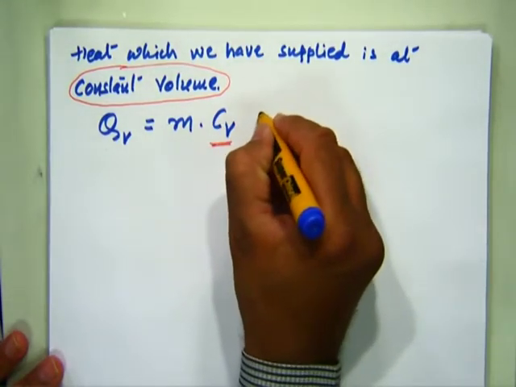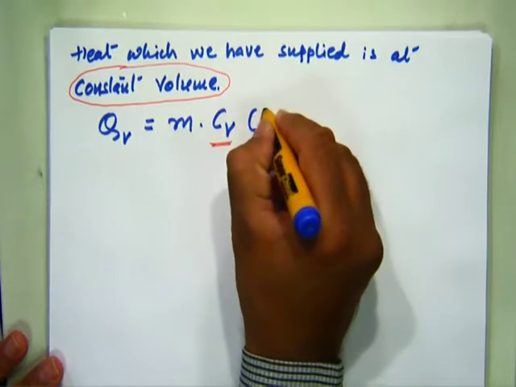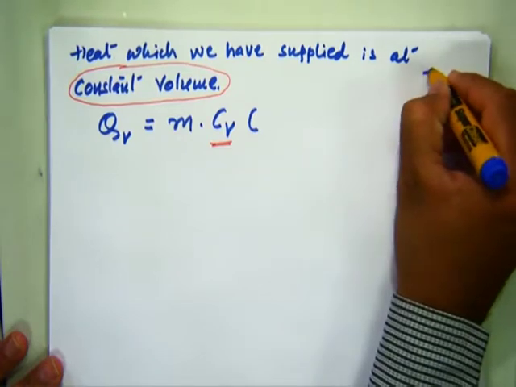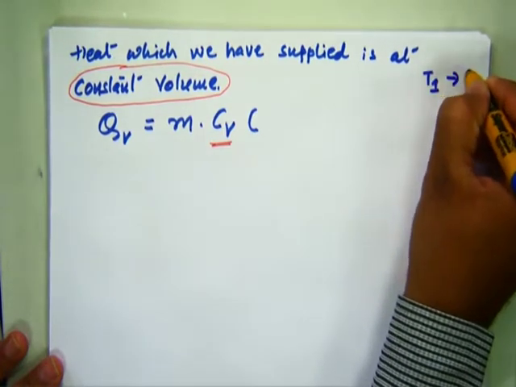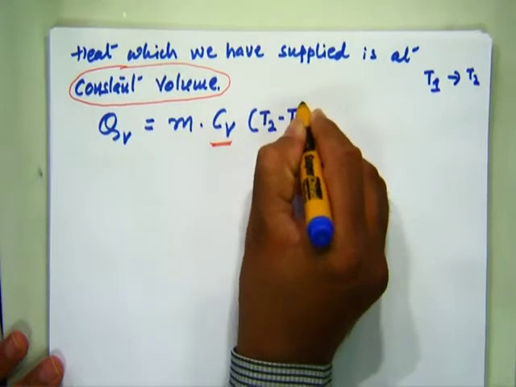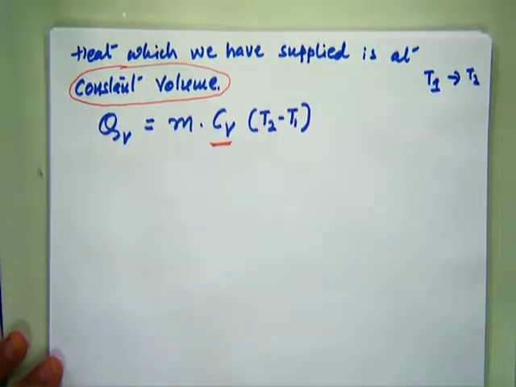The temperature increases from T1 to T2, so the change in temperature is T2 minus T1.